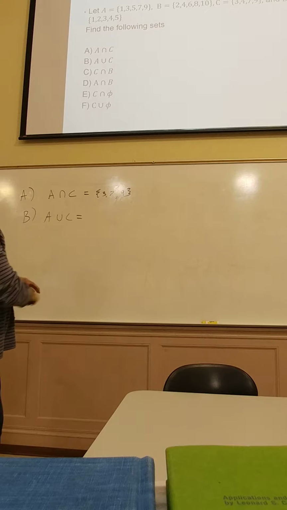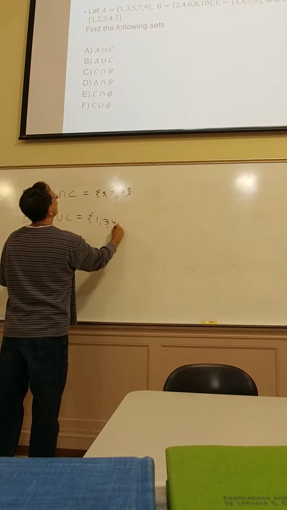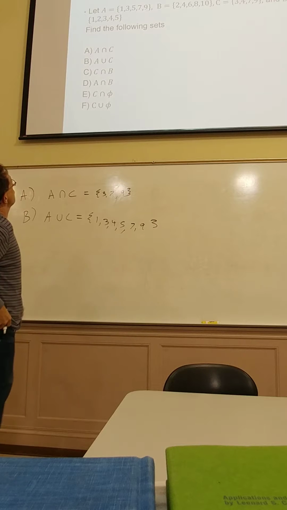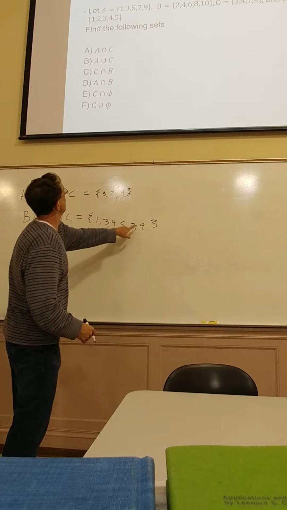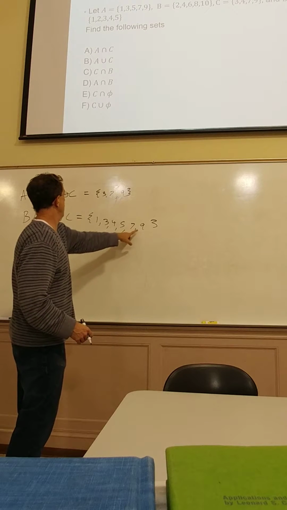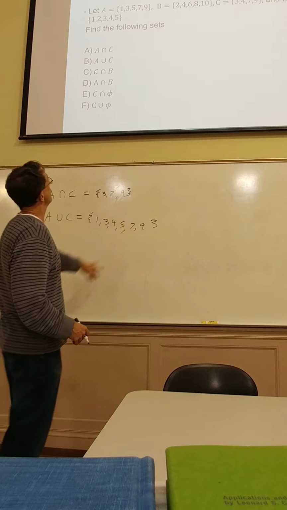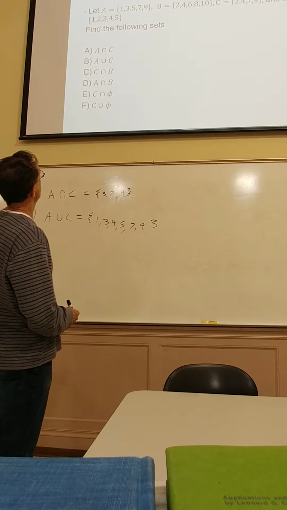So then the union would be 1, 3, 4, 5, 7, and 9. I think that's all. Everything that's in A is 1, 3, 5, and 9. I'll double check. And then C would add additional elements, 4 and 7. Or just 4, I guess. Yes.